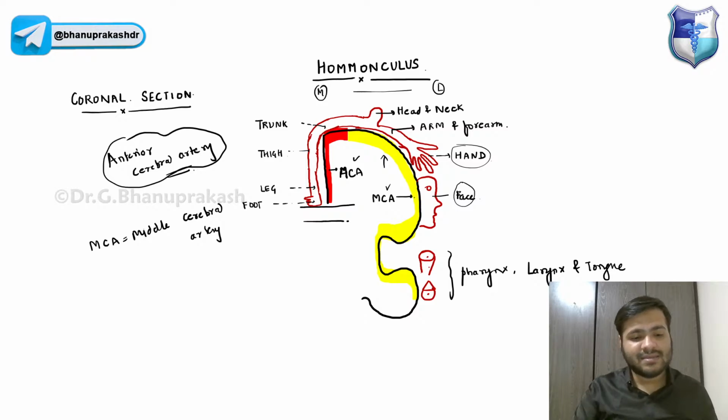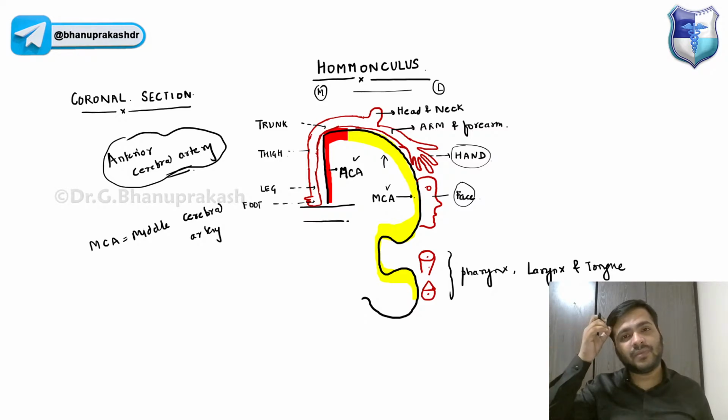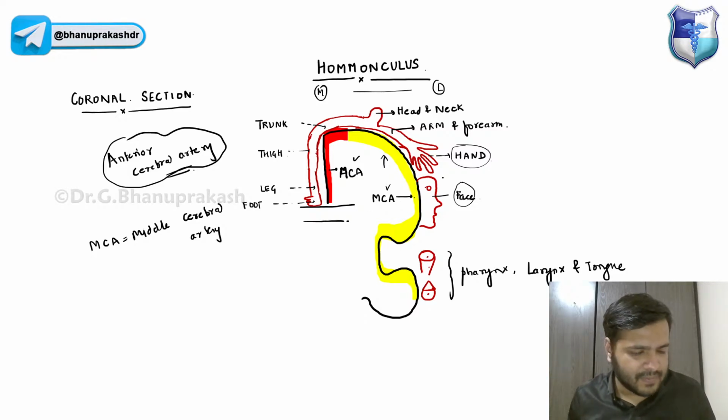So basically they are represented by which artery is supplying which part of the cerebral cortex, and accordingly which part will be affected in the body.